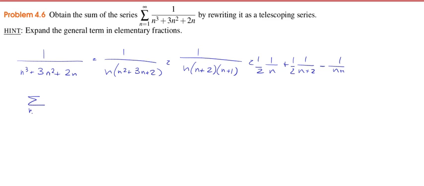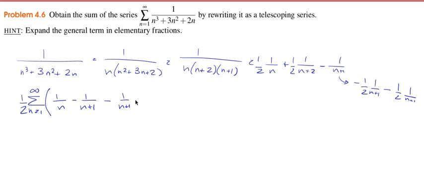This is the sum from n equals 1 to infinity, and because the middle term is also minus 1/2 times 1 over n plus 1 minus 1/2 times 1 over n plus 1, we can factor out 1/2, and then we have 1 over n minus 1 over n plus 1 minus 1 over n plus 1 plus 1 over n plus 2.